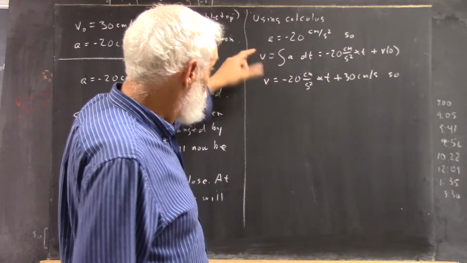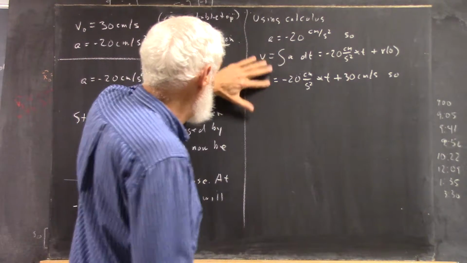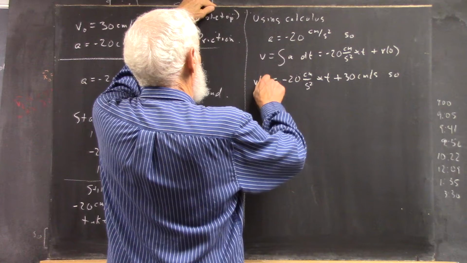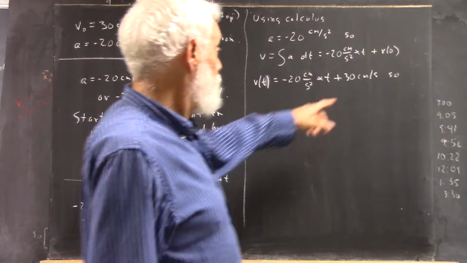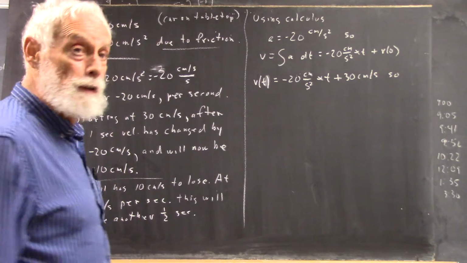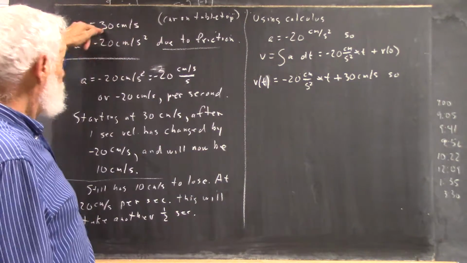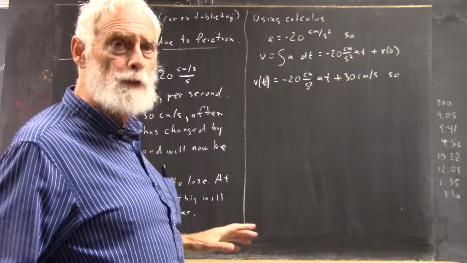And of course, velocity is a function of time, so we can be specific and call that v of t, right? And of course, this is our v of 0. That's our initial velocity, assuming that this occurs at t equals 0, and those assumptions are kind of implicit.